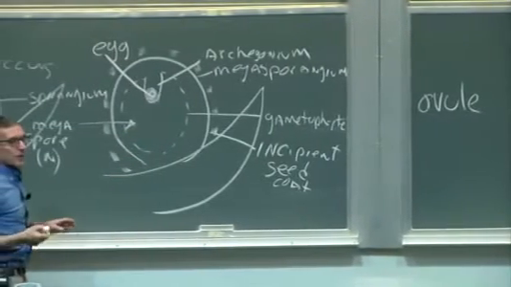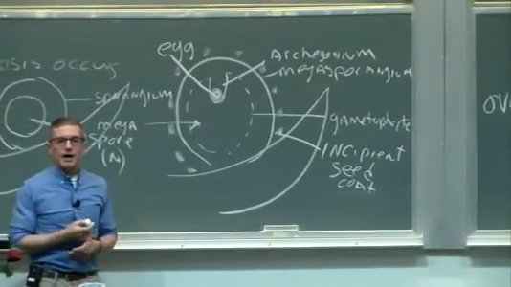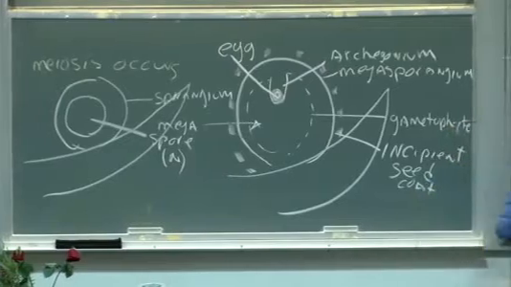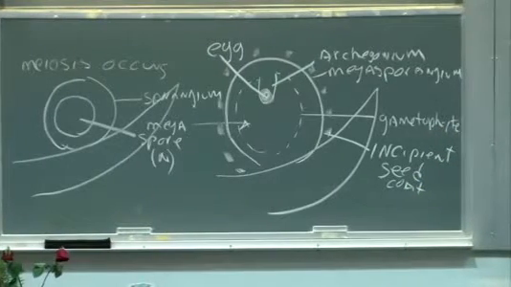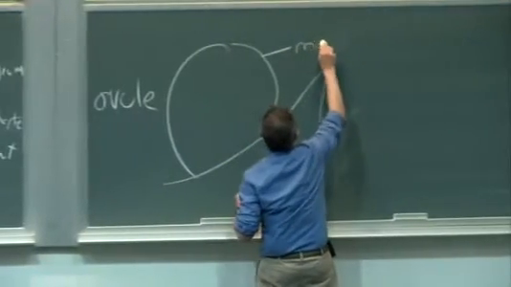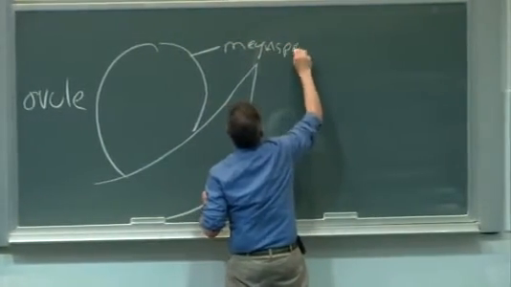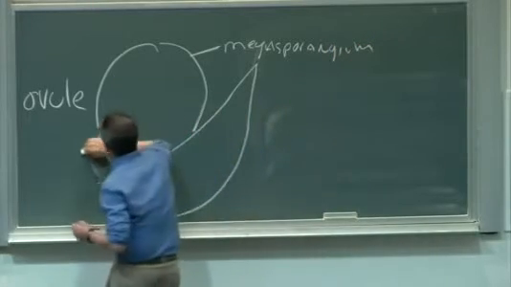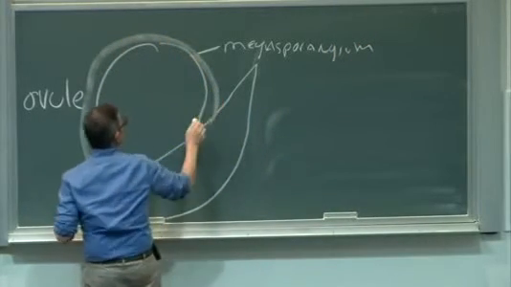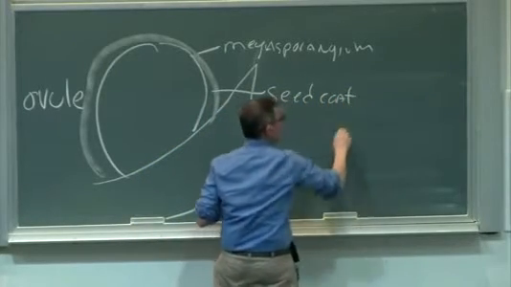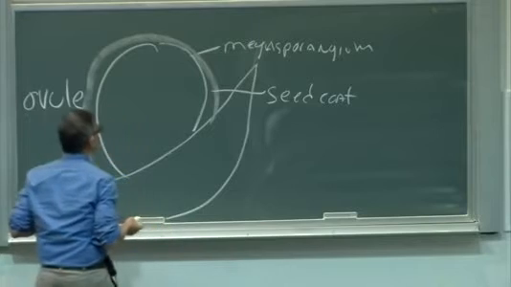Now, following fertilization, that is fertilization by pollen being transferred from the wind, if we carry it to one stage further, and we look at inside the megasporangium. Here's the megasporangium. And here is the seed coat. That great invention of the gymnosperms.